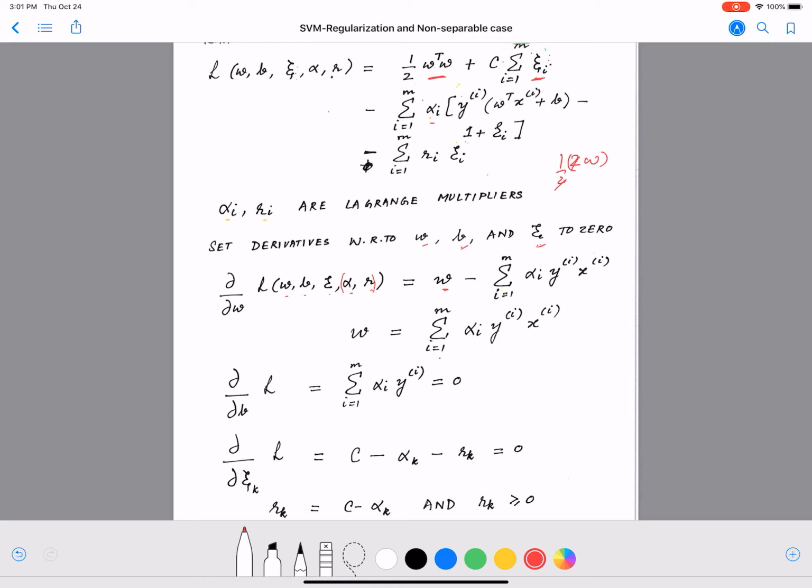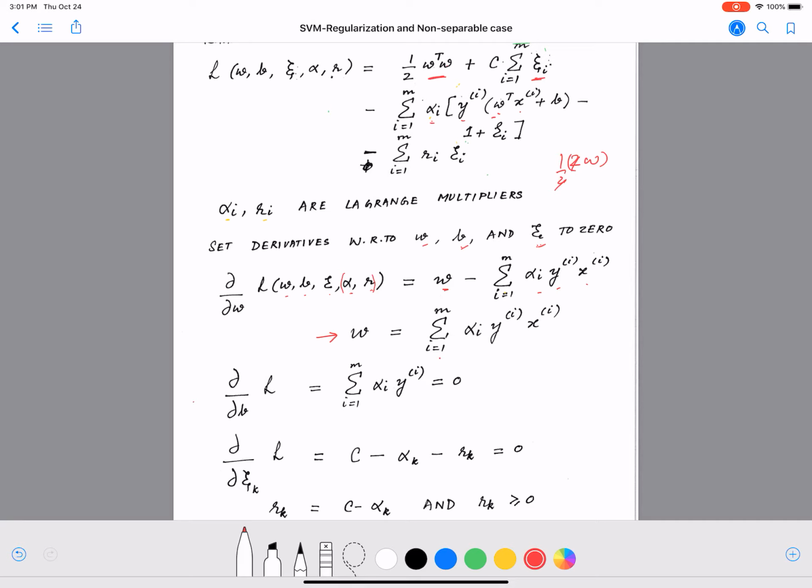And in this term, there is only one part which has W, which is this one, alpha I y I W transpose x I. And the coefficient of W is what we write here, nothing but minus sigma i equal to 1 to m alpha I y I x I. And the rest of the terms don't have W. And solving for this, we get the same value for W, no change at all.